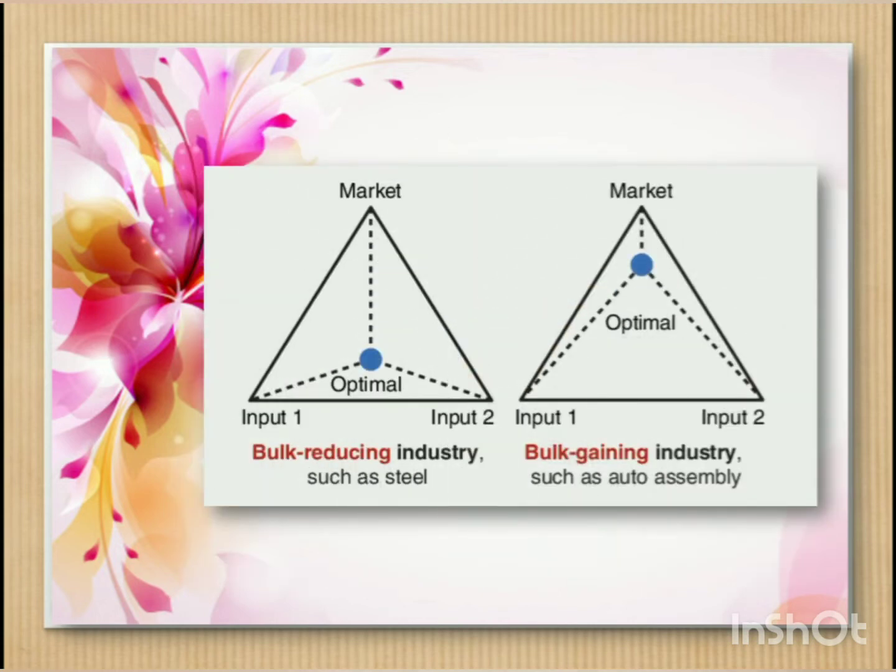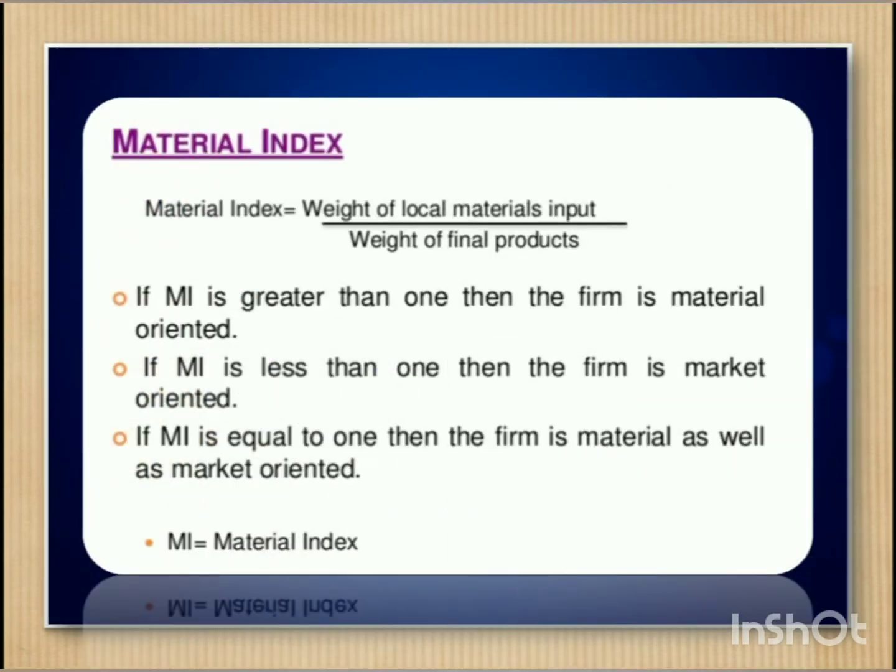Here we can say that weight reducing industries will be raw material oriented and weight gaining industries will be market oriented. Here we have a material index to find out whether the firm is material oriented or market oriented.